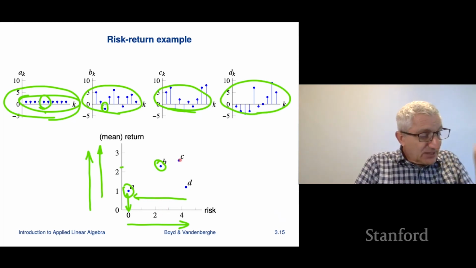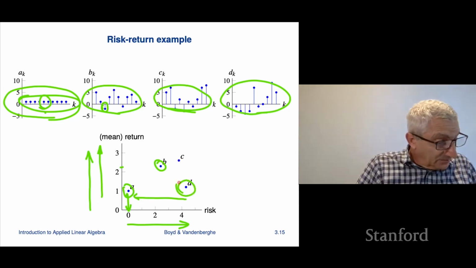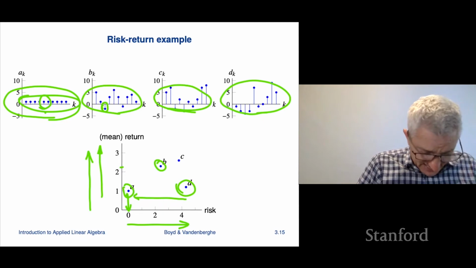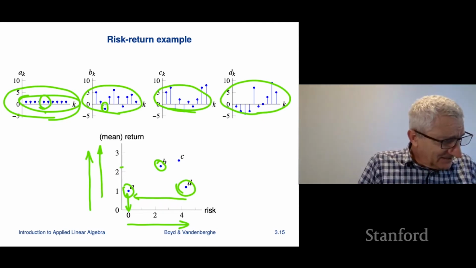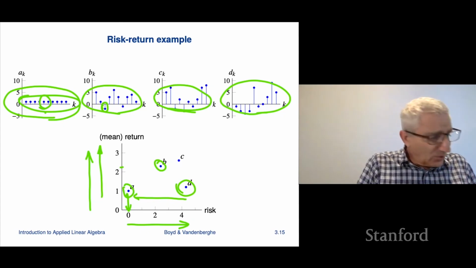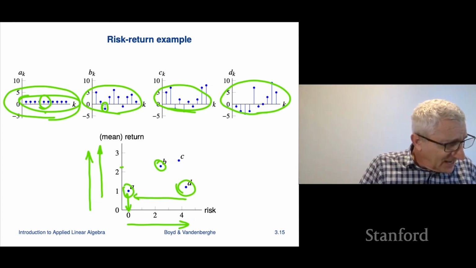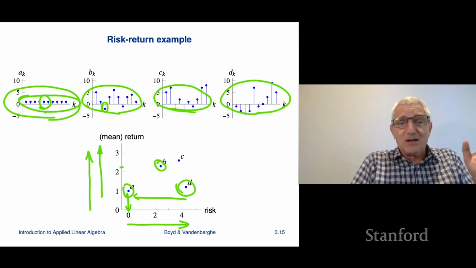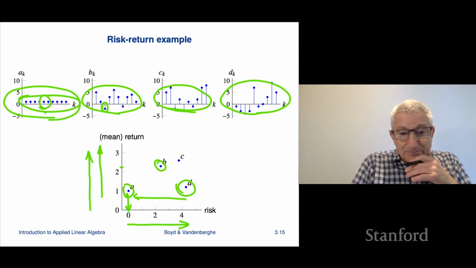C has a higher return and higher risk still, and D over here is kind of a sad thing, right? That investment has only a little tiny bit more return than A, but A has 0 risk and D has 4 units of risk. So by this measure we don't like D.